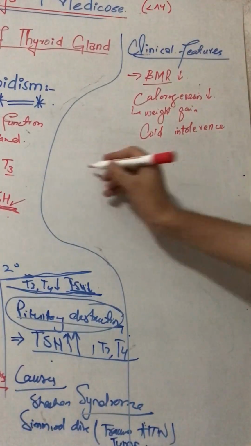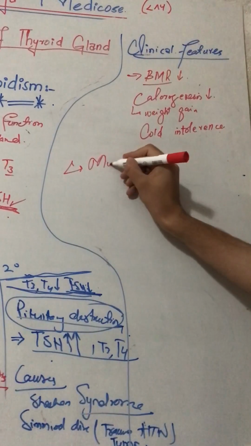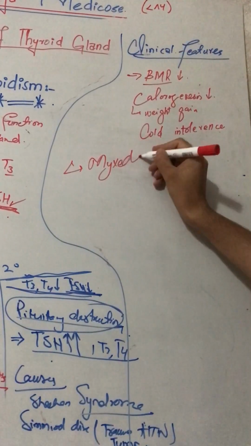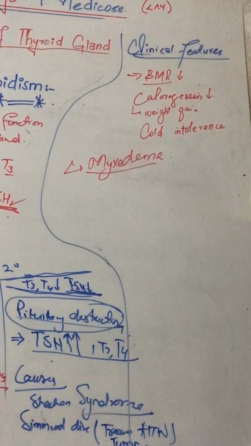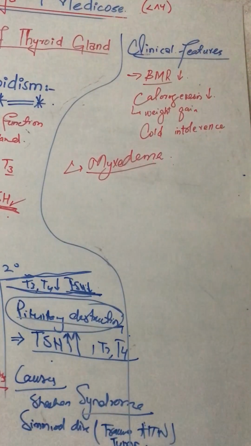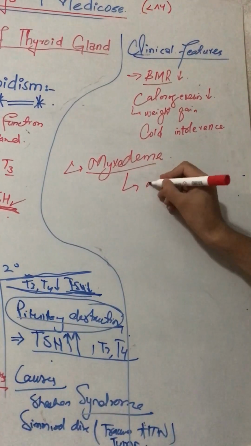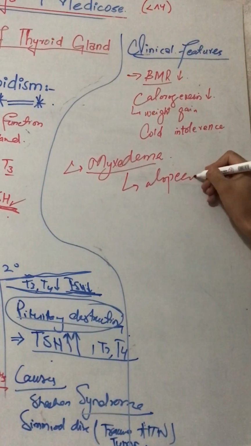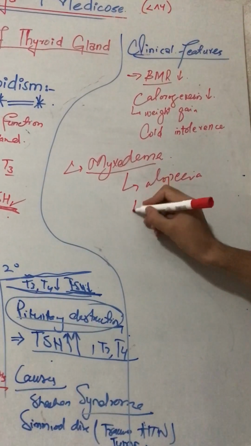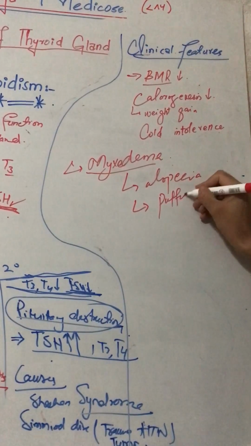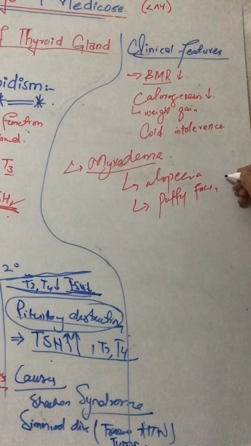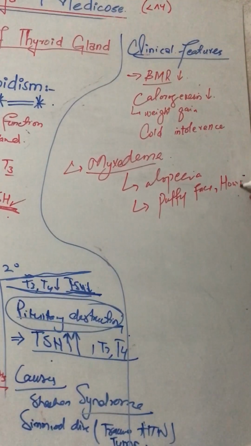And next is the myxedema. Mostly we are discussing this in the elder patient. So when there is myxedema, there will be alopecia, puffy face, hoarseness of voice.